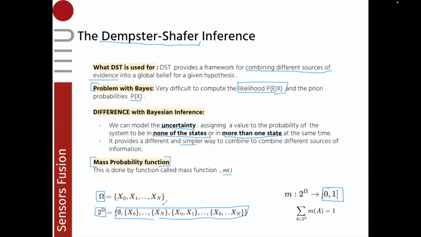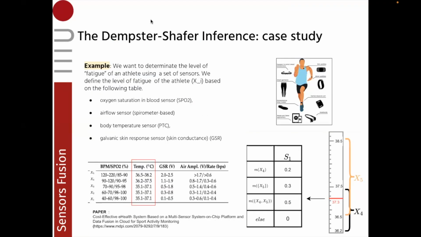So basically, we define a function from all these subsets to the 0, 1 interval. And the constraint, of course, is that the sum of all the mass functions is equal to 1. Given the complexity of this topic, I think it is worth going directly to the case study and to the example.